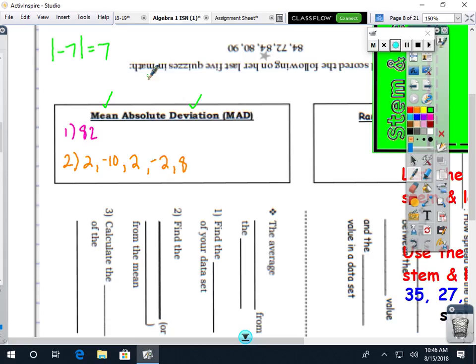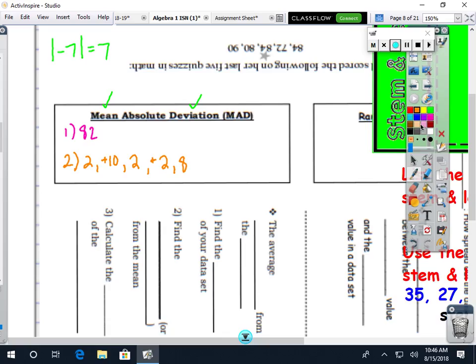So absolute value will always be positive. So because of that, we're going to take these negative numbers and just make them positive. If it's already positive, you keep it positive. So for that reason, when we look at our deviations, we just make them all positive.